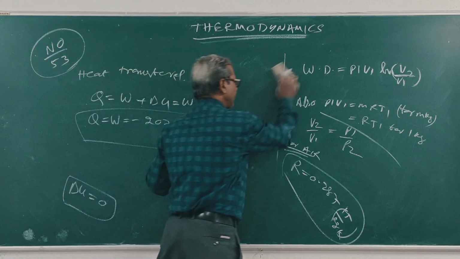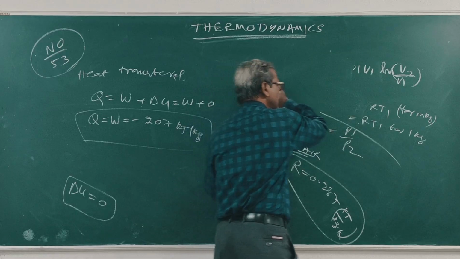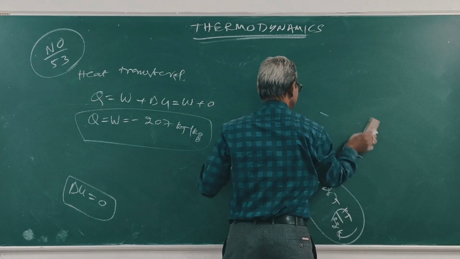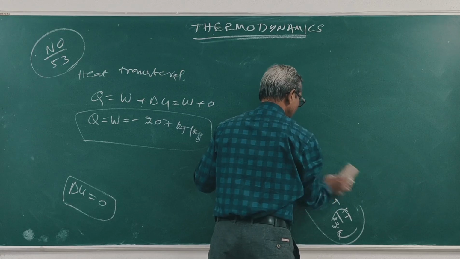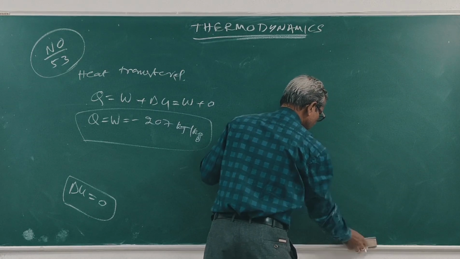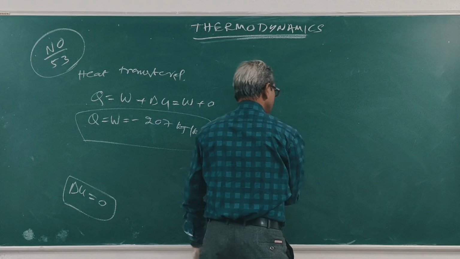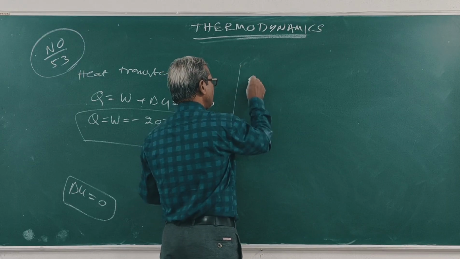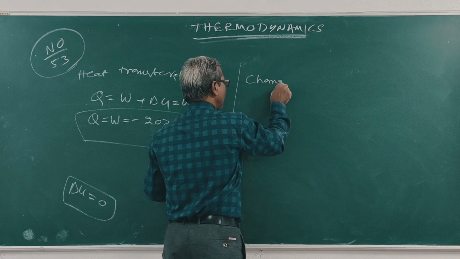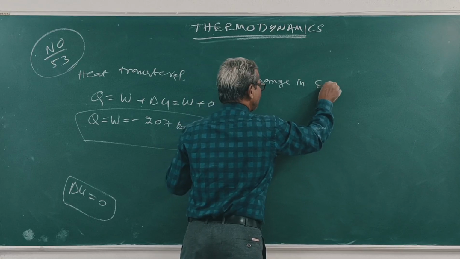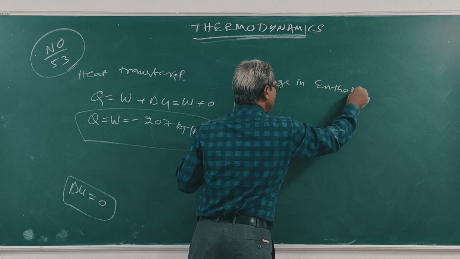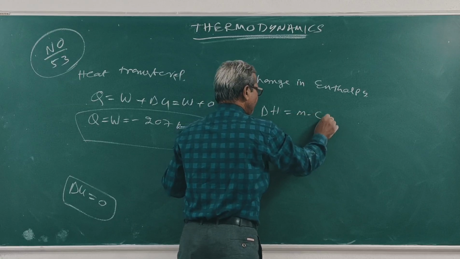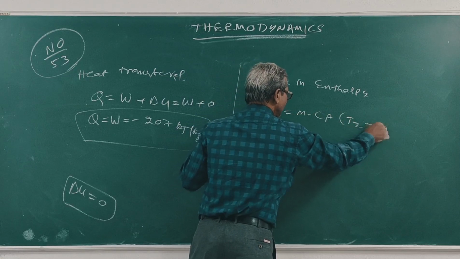Change in enthalpy. Del H is equal to m Cp (T2 minus T1).